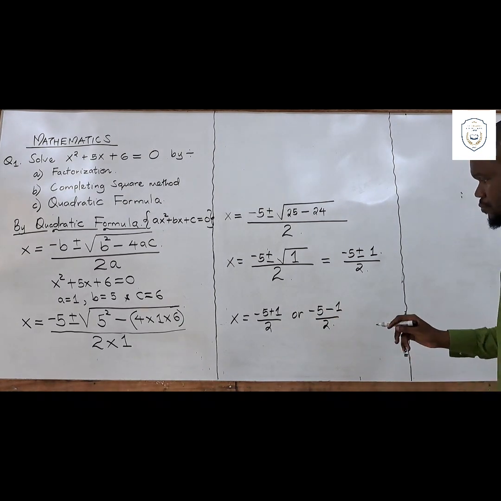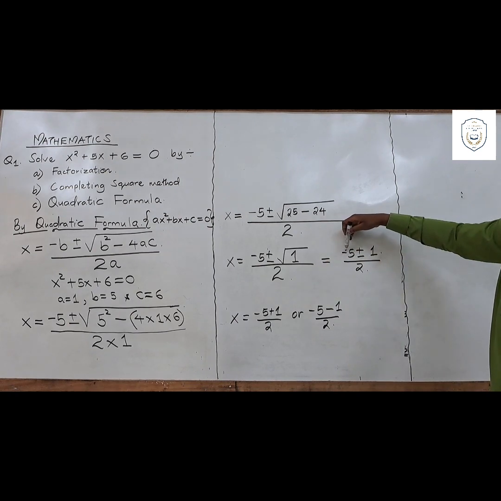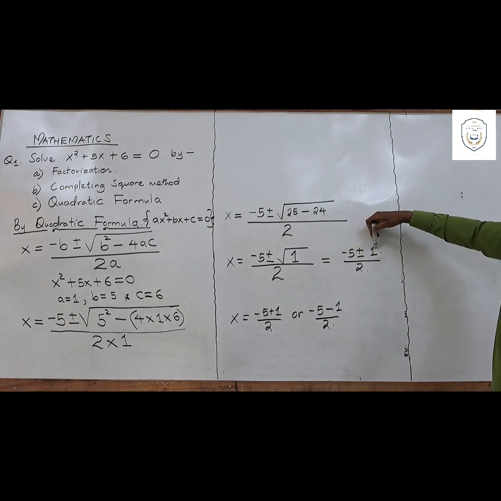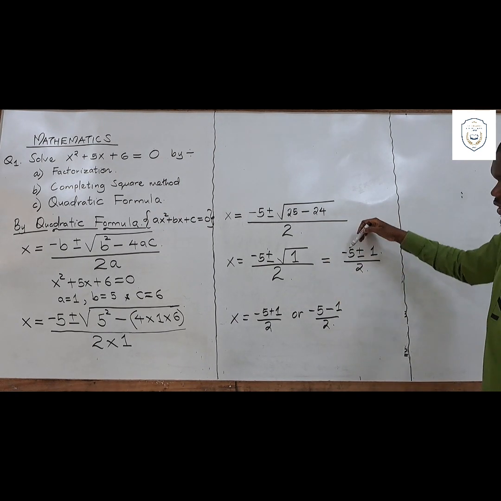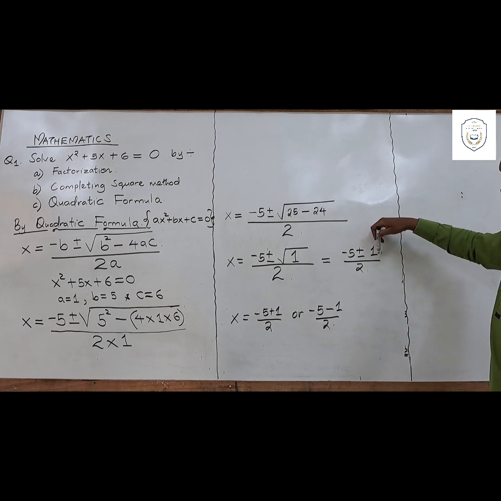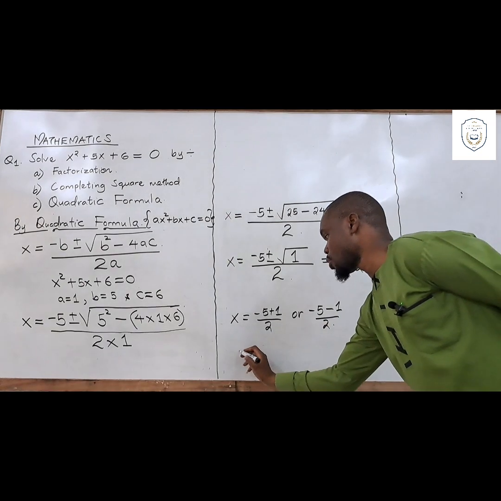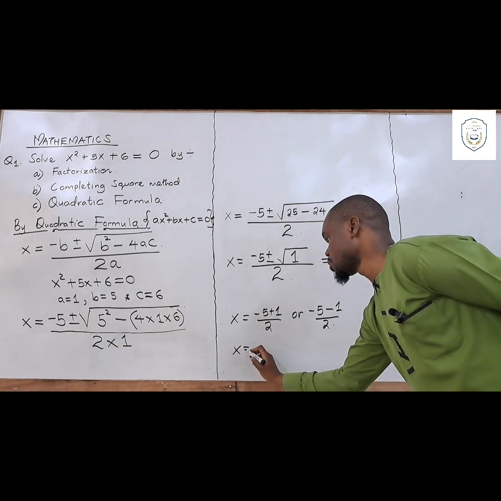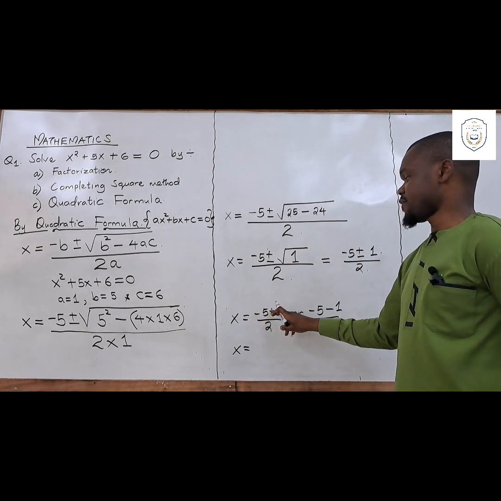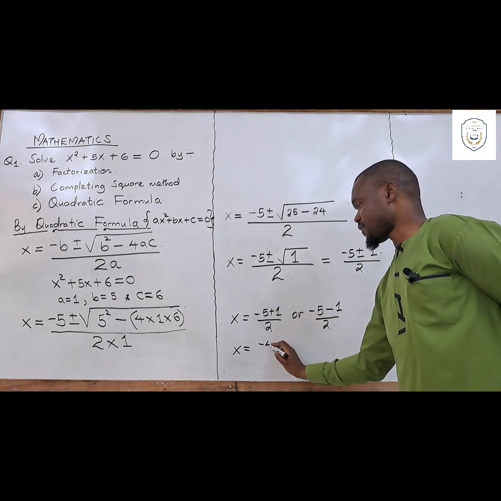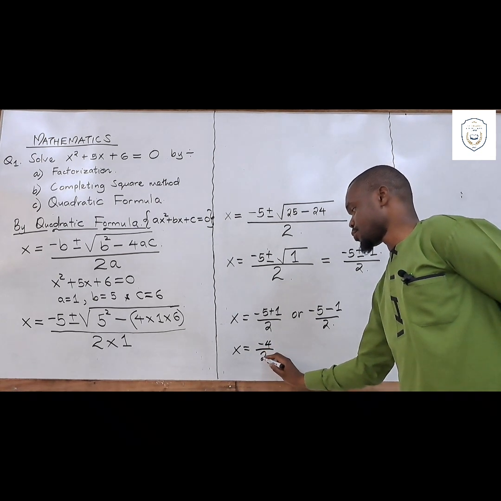What do I mean? In the first case, I've taken negative 5 plus 1. In the second case, I've taken negative 5 minus 1. Negative 5 plus 1 gives you a negative 4, all over 2.